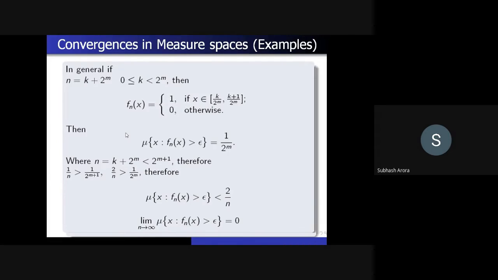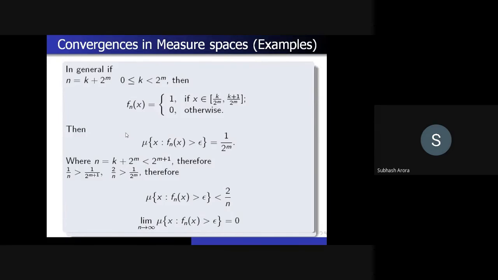You can see the pattern of the sequence F1, F2, F3, then F4, F5, F6, F7, and so on. It follows this pattern: if n is written in the form k plus 2^m, with k greater than or equal to 0 and less than 2^m, then Fn(x) is equal to 1 if x belongs to this interval and 0 otherwise.